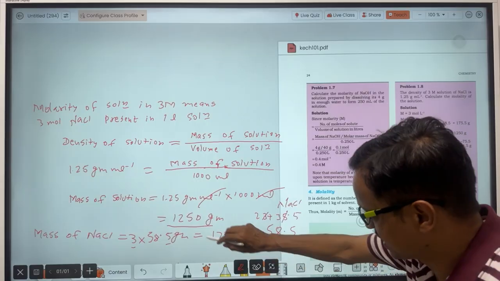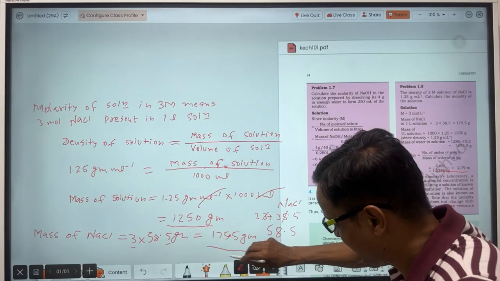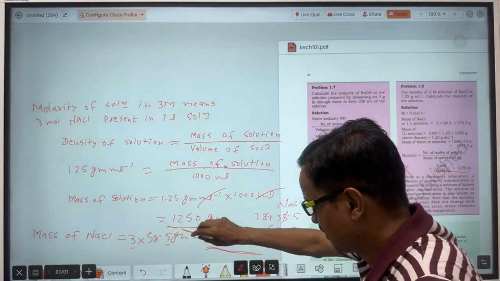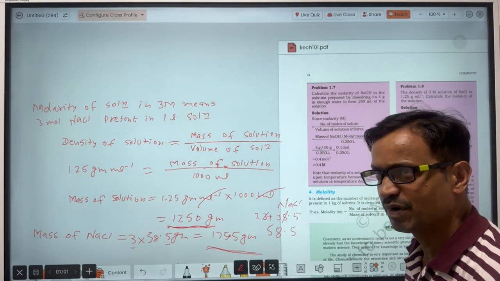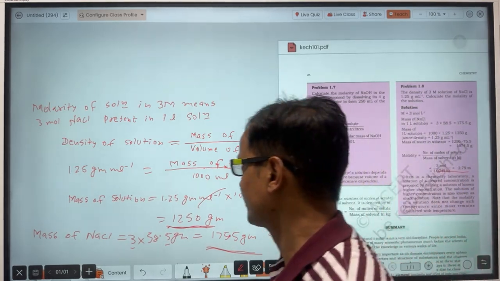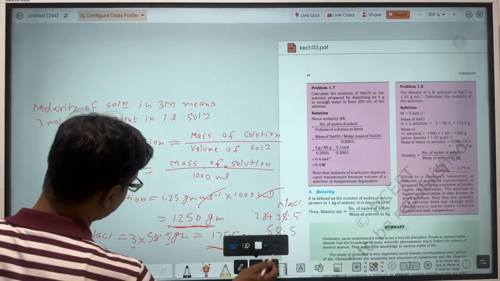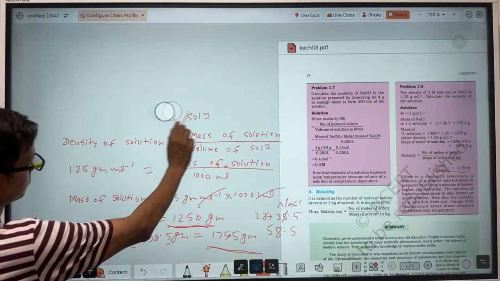So if we subtract the 175 gram from 1250, then I shall get the mass of water. So what will it be? So the mass of water will be how much?